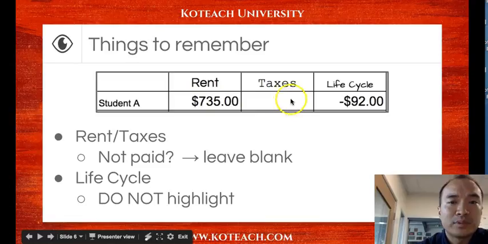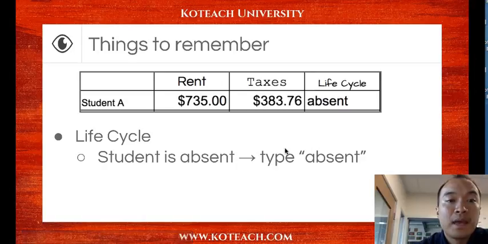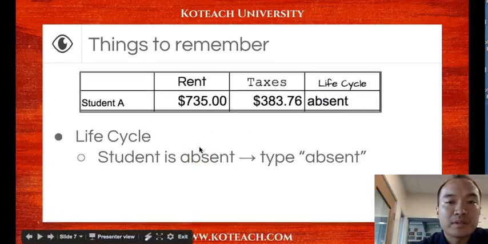Say, for example, the student A didn't pay taxes. You would just leave it blank. As far as life cycle, if this student did not pay taxes, go ahead and not highlight that. So leave that not highlighted. And finally, if someone's absent for the life cycle, they weren't able to spin it, just go ahead and type in absent.